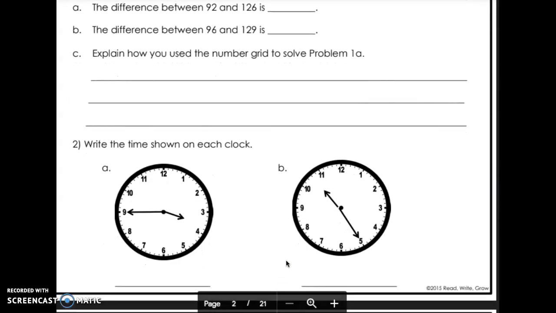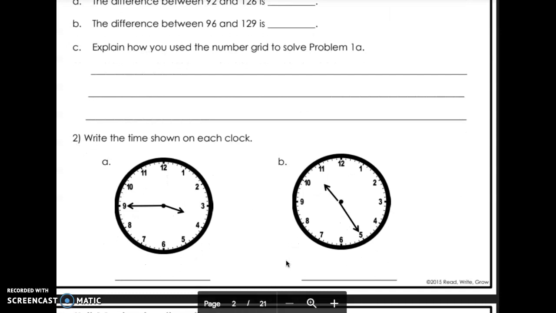The next question is time. You're going to look at this clock and write the time down. And then you're going to look at this clock and write the time down. Remember, you always look at the hour hand. The small hand is the hour hand. You always look at that first.